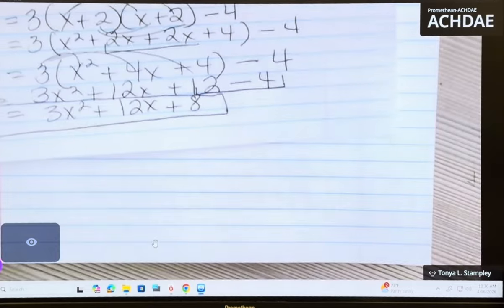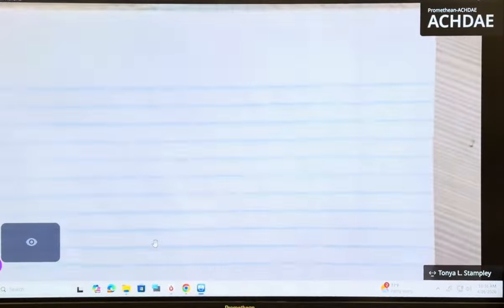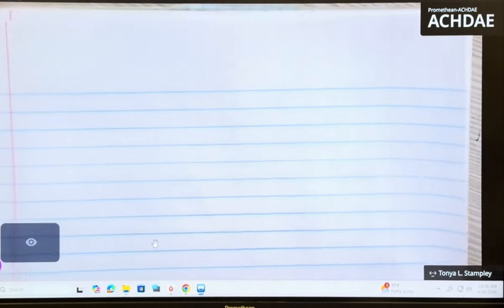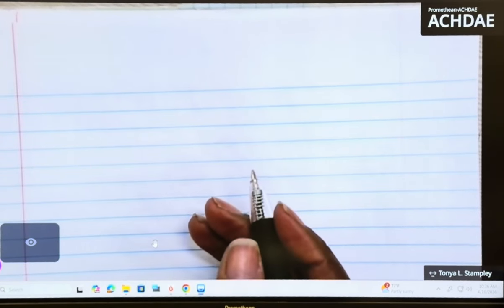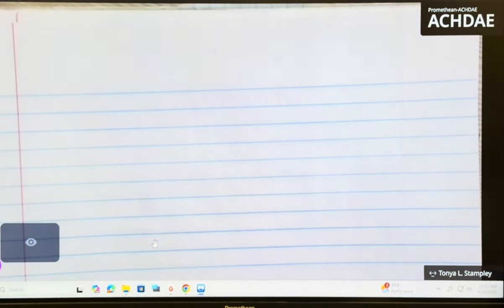We've got one more form. What's our last form? Factored form. So let's do factored form for this same problem. All right, with factored form, we just use the quadratic formula, can't we? Or we can graph it, but we don't have any graph paper. So let's just do the quadratic formula.